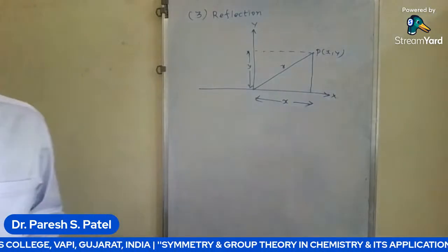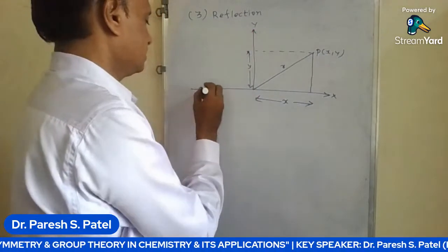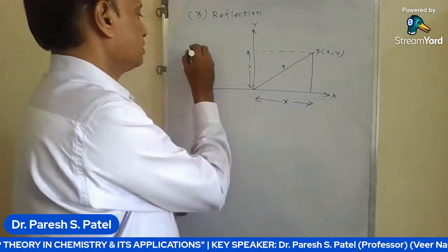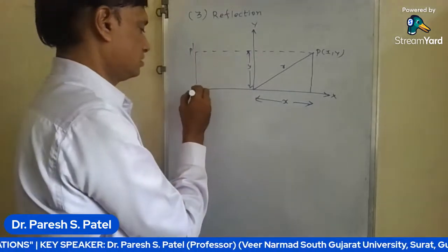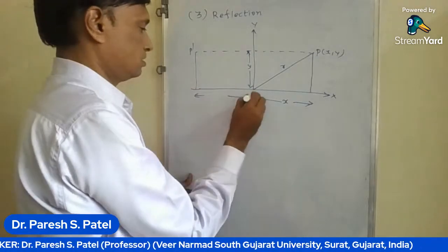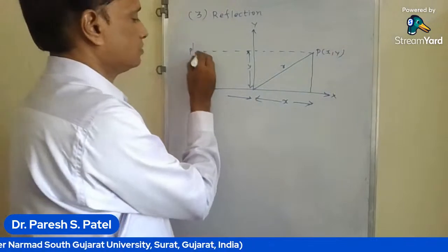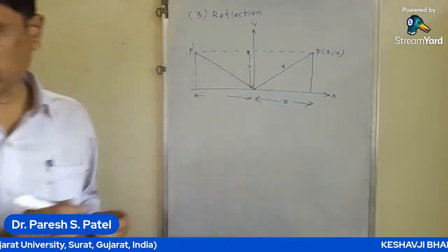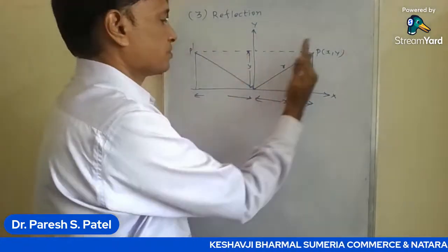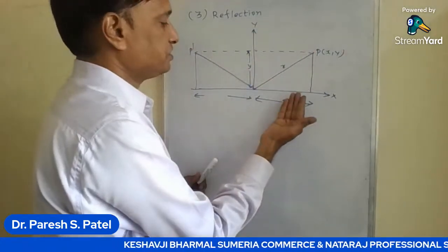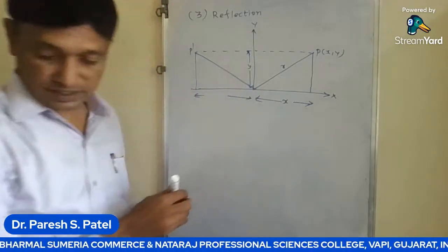Now, if you go for the reflection of the vector P along this axis, the resultant will be P dash. In case of reflection, there is no change in the y-axis, but there is a change in the x: x becomes minus x.